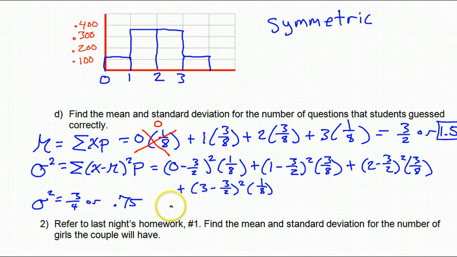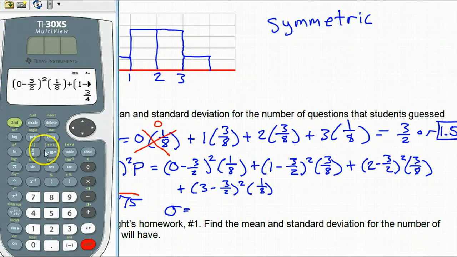Now, if you want the standard deviation, we need to unsquare this. In other words, we need to use the square root. It doesn't matter whether you're doing the fraction form or the decimal form, but you need to take the square root. So I'll just use the fraction since we had it before. So square root of 3/4 is 0.866.